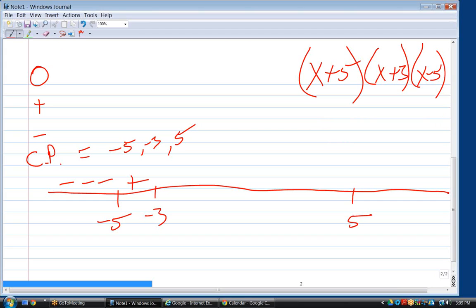What's a good point to use to test between minus 3 and 5? 0. Okay. When x is 0, that's plus, that's minus, so it would be minus everywhere. And then to the right of 5, I get plus, plus, plus. So there's your solution set. They want to know where it's 0. Well, it's 0 at any of these points here.